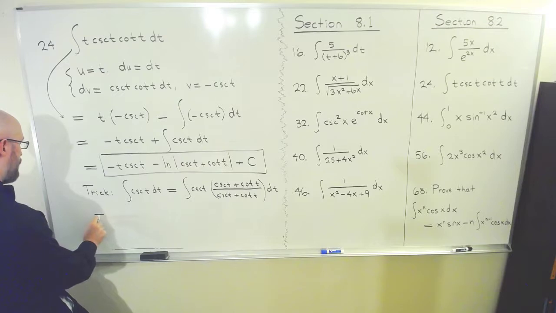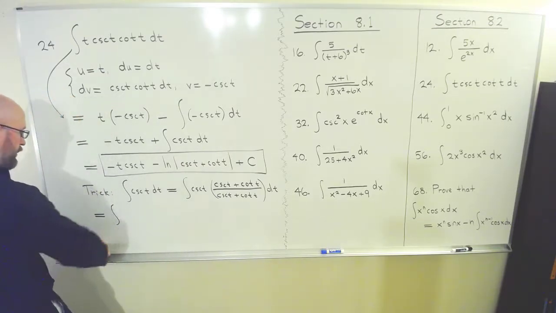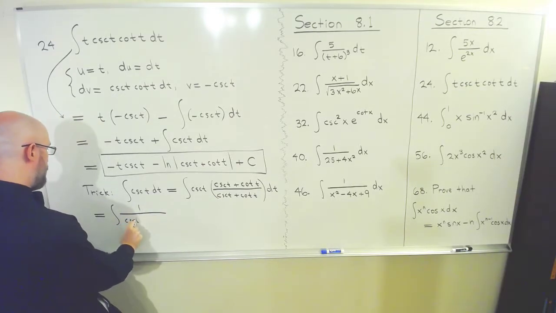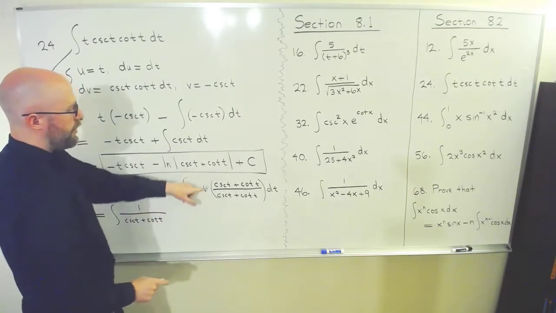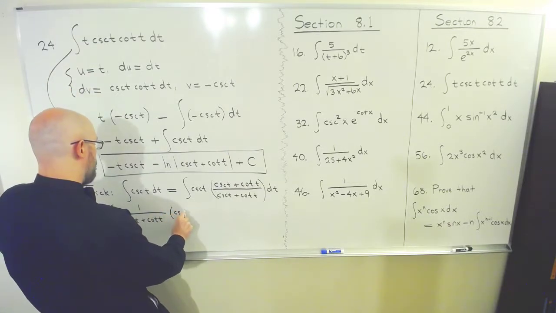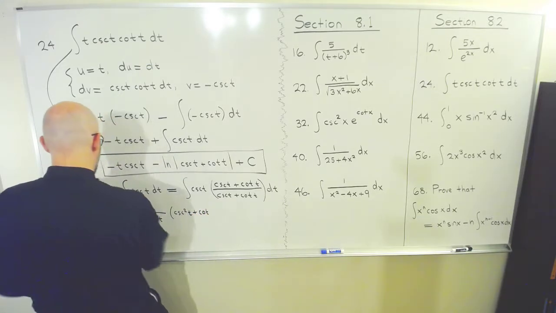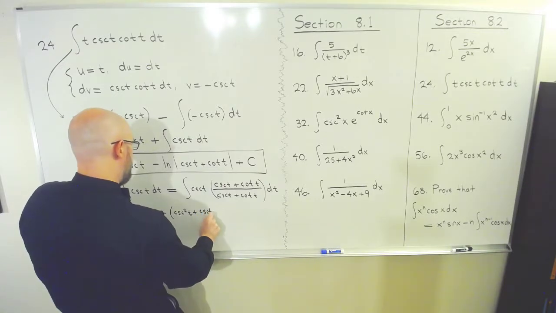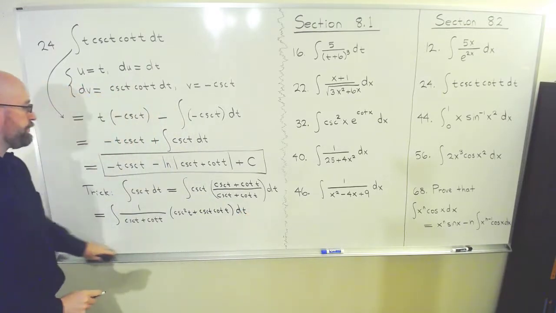And then I can write this as the integral of, well, I'm going to take the denominator there, and so I'm going to write 1 over that thing, cosecant t plus cotangent t. And then I'm going to take this and multiply it through here and get myself a numerator of cosecant squared t plus cosecant t cotangent t dt.